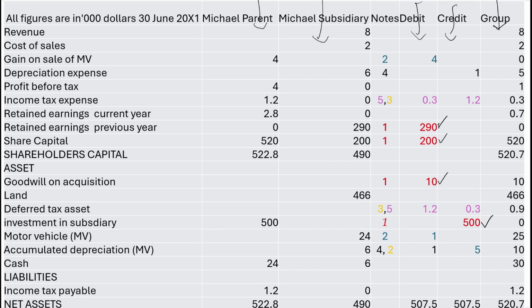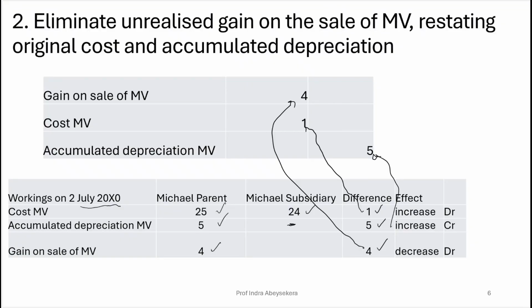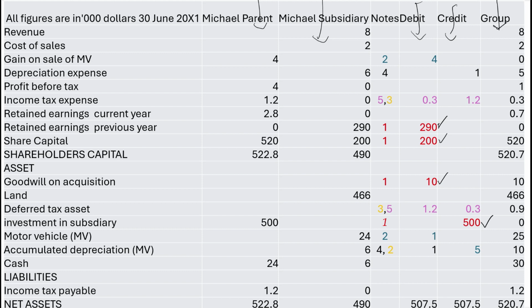Our second journal entry was to eliminate the gain on sale of investment. In that, we debit the gain $4,000 and we credit accumulated depreciation $5,000 and we debit motor vehicle $1,000.